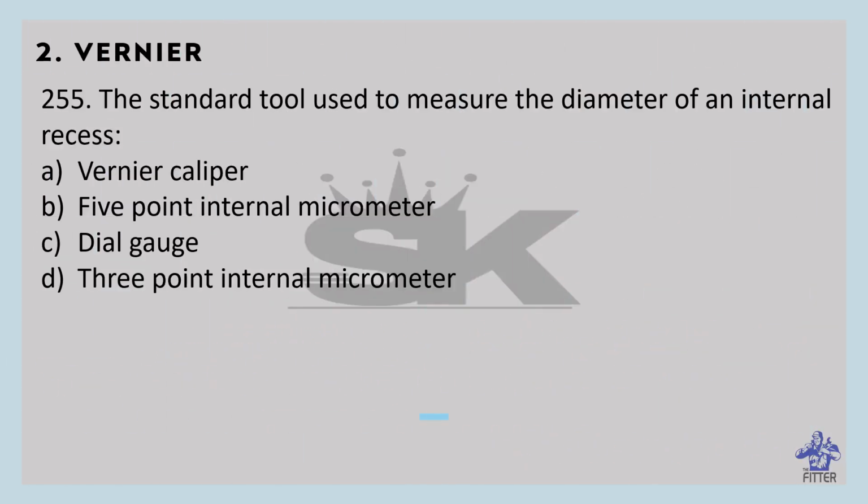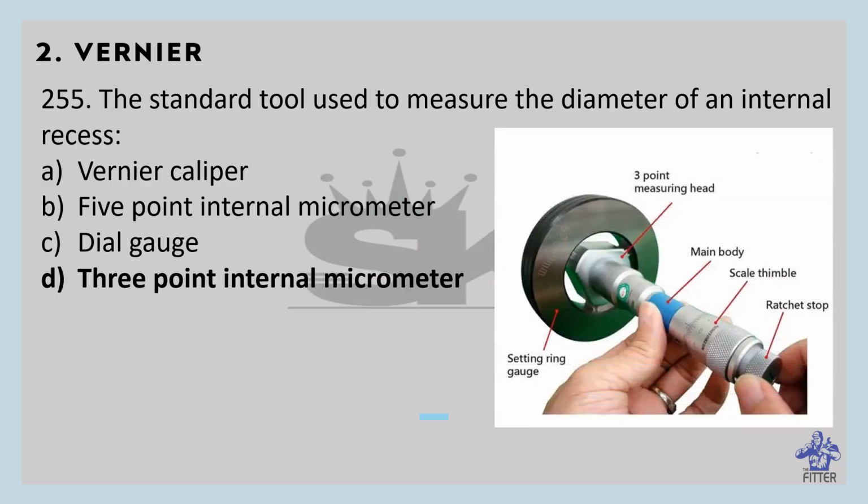The standard tool used to measure the diameter of an internal recess. So that is 3-point internal micrometer. You can see here in the image. This is a 3-point internal micrometer, and it is used to obtain maximum accuracy of bore diameter of metric system.